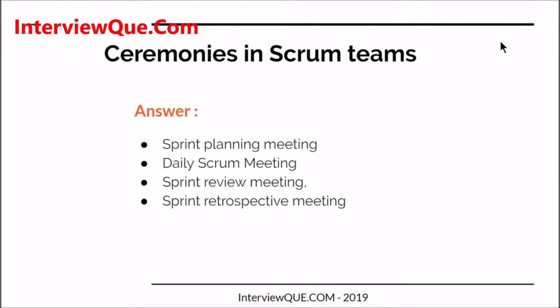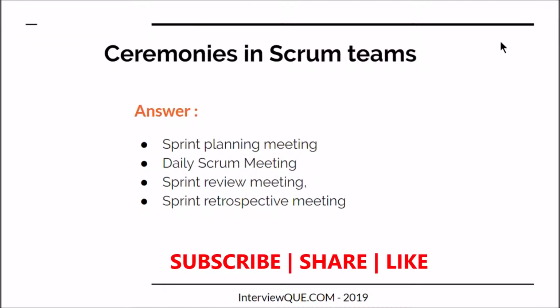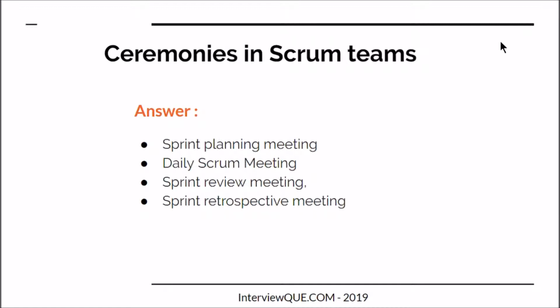The fourth is the sprint retrospective meeting. Basically, this is more of a meeting where we assess or retrospect ourselves: what happened good or what happened bad, and what corrections we have to make.